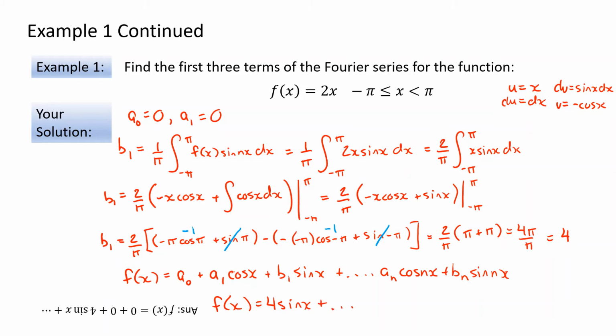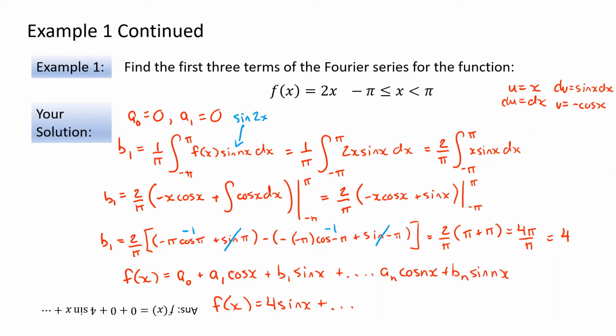And that would continue on. So you could find a2 and b2 as well. We won't do that. You saw how long this example was, finding the first 3 terms, but the format for it remains the same. Let's look at b1 as an example. Instead of sine x, you'd have sine of 2x.